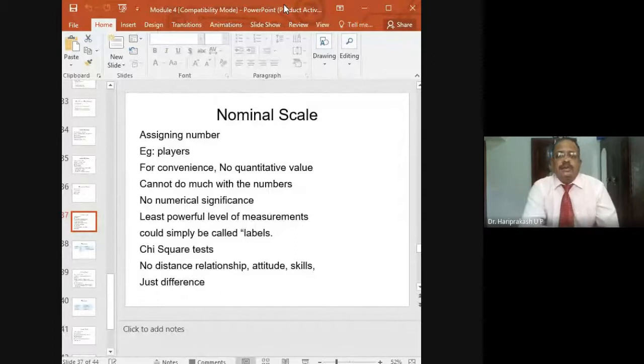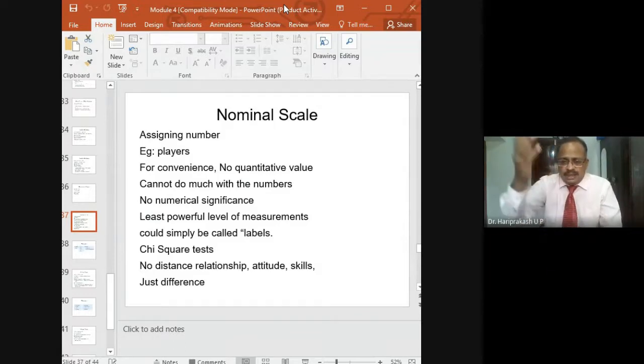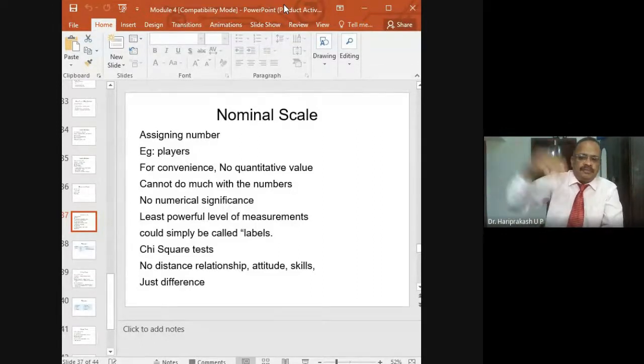It is just a nominal scale. It is for convenience. So we use nominal scale for convenience, where it does not have any quantitative value. We cannot do much with the numbers. You cannot use those numbers to measure something. Your roll numbers, or USN: a person who gets the first USN does not mean that he is a good performer.